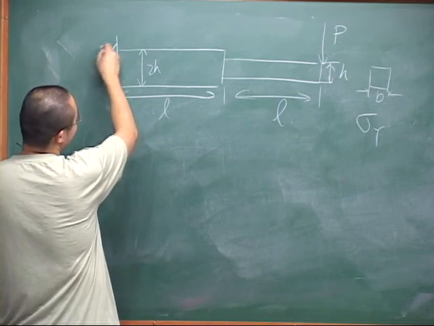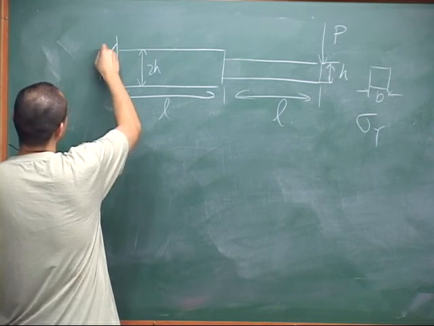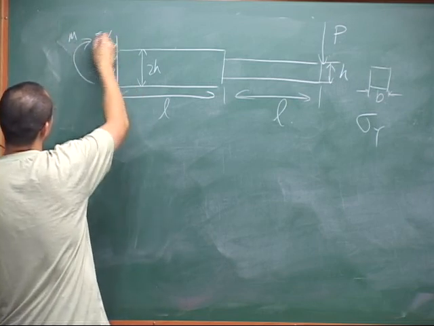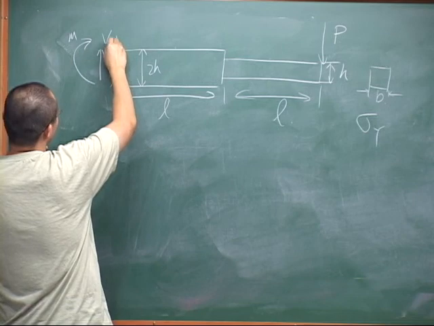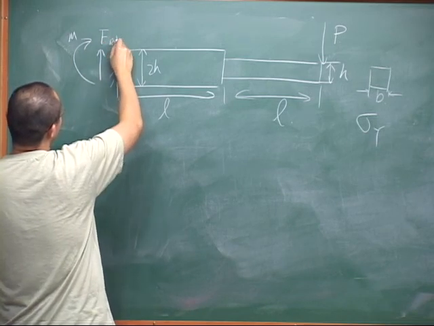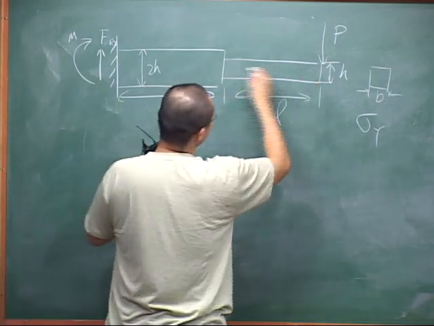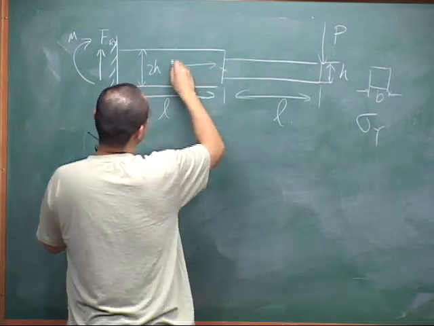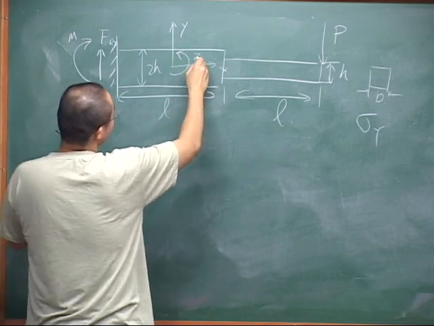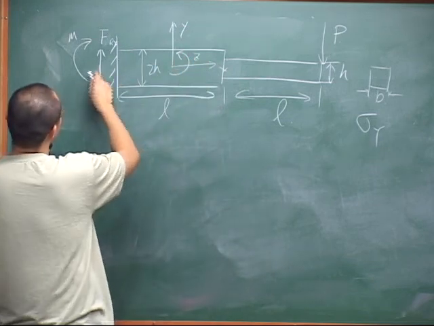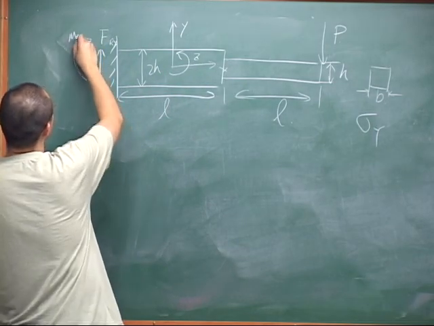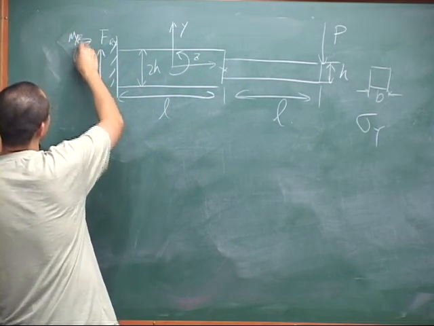Assuming we have the reaction force FR,Y and moment MRZ here. This is the X direction, this is the Y direction, and this is the Z direction. R represents reaction.